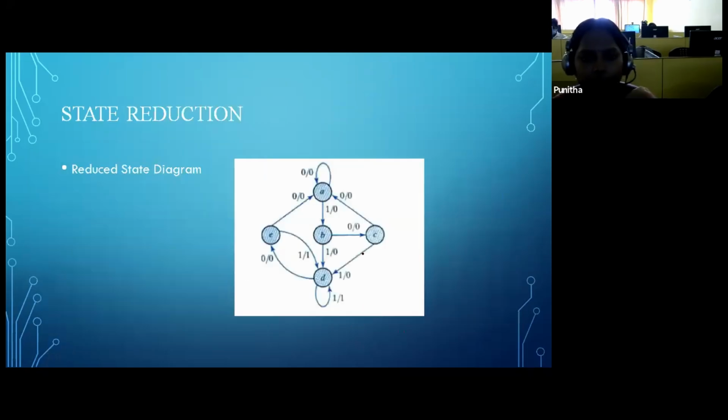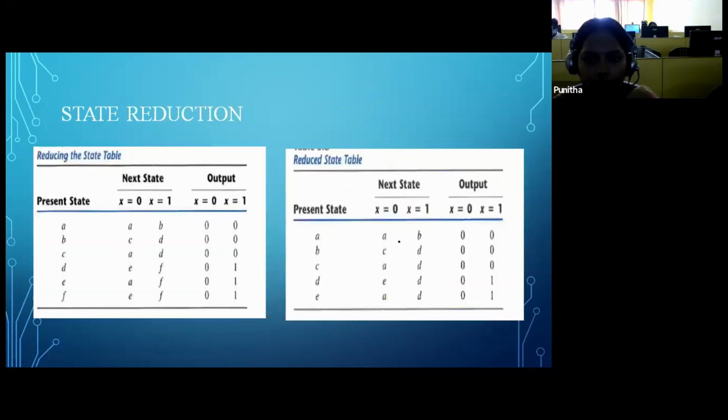After reducing, I just need to draw the reduced state diagram from the reduced state table. First I need to look at the present state. What are all the states?